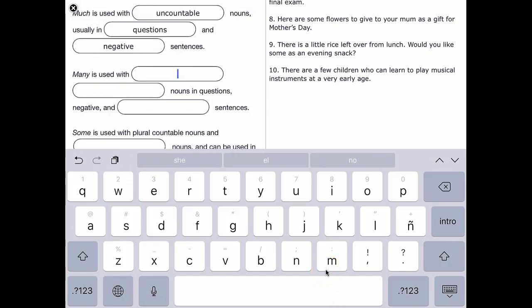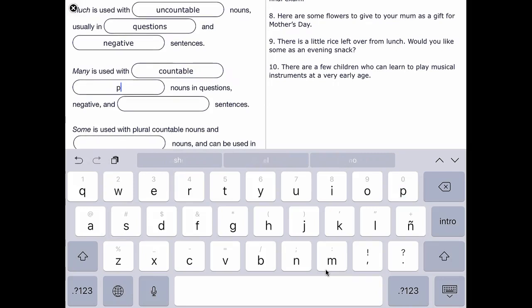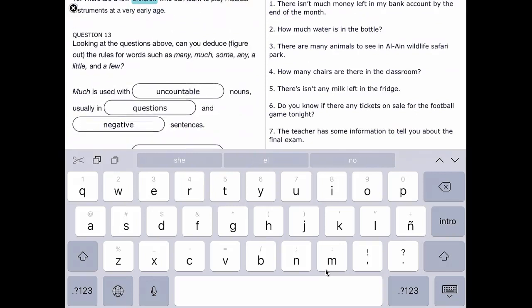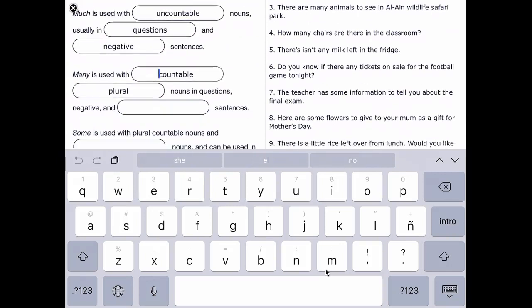So many then, if much is used with uncountable nouns, many is used with countable plural nouns. And I think the other thing that we're looking for here is regular. Since if it's a plural noun, it's already countable.